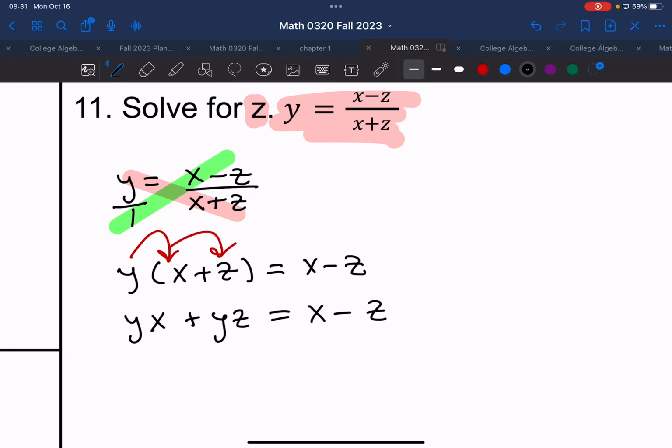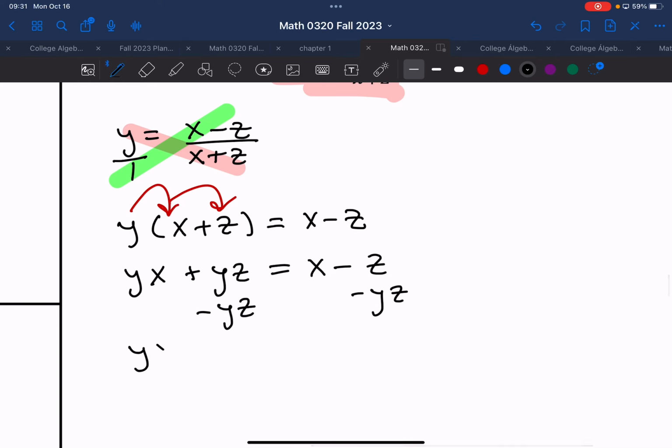Okay. I still need all the z's to one side. So which side do we want to move our z's to? Left or right? Okay, we can move it to the right, so that means we're moving that yz over because it has a z in it.